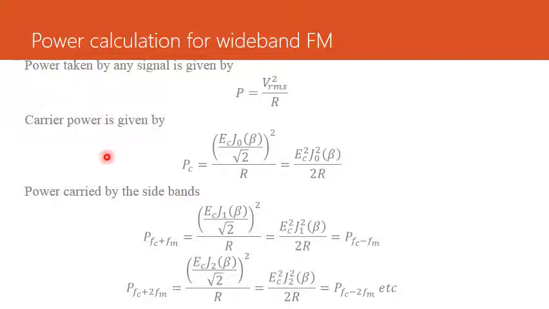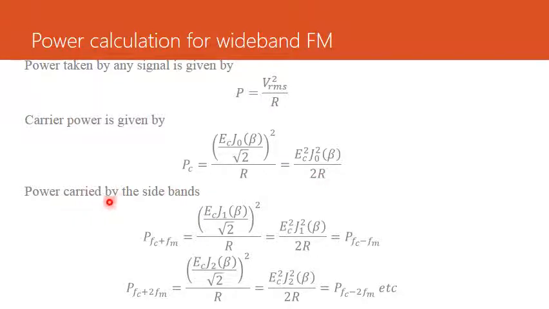So the carrier power is Ec into J0 of beta by root 2 the whole square divided by R, where R represents the load resistance. This can be rewritten as Ec square into J0 square of beta divided by 2R.